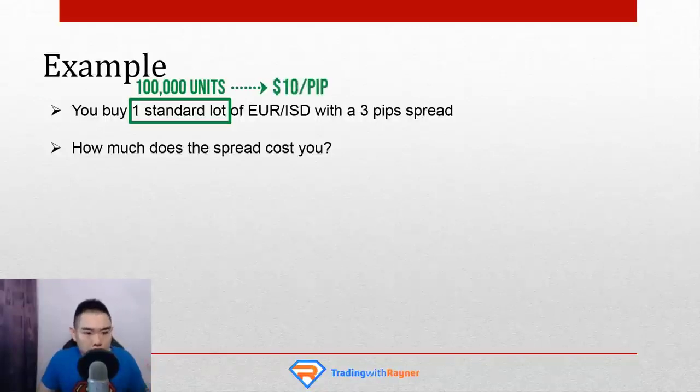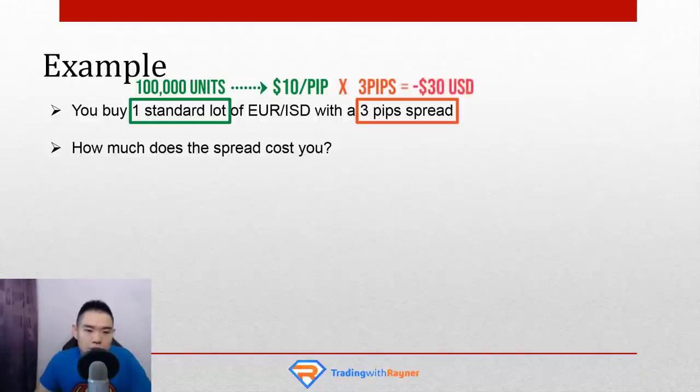So if your spread is 3 pips, this means the moment you put on a trade, when you buy 1 standard lot of Euro USD, you are immediately down $30 on this trade. That is the cost of the spread in terms of US dollars to you.